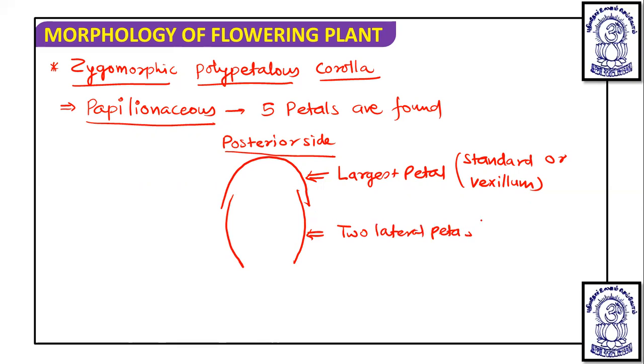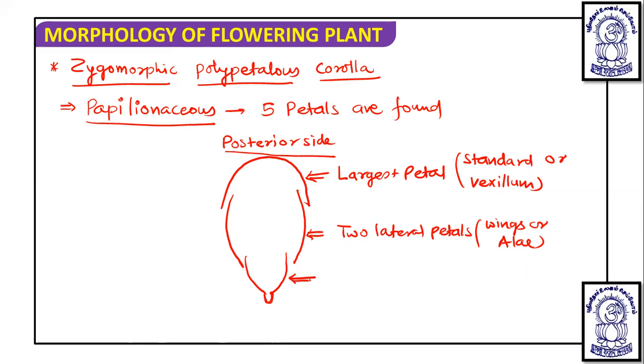These two lateral petals are known as wings or alae. And these wings or alae cover the innermost anterior petals, which are also two in number, but they are fused. This is the fusion or united condition.